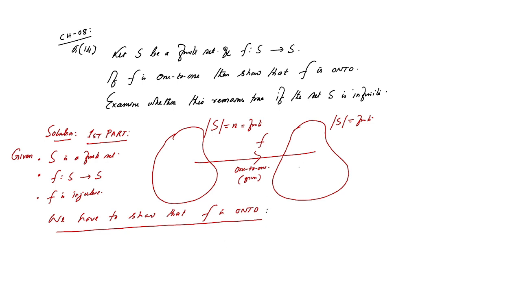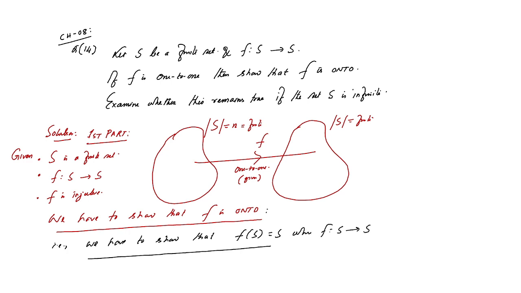Surjective means, for f from A to B, f(A) equals B. So we have to show that f(S) equals S, where f is basically a mapping from S to S. So this is our target.